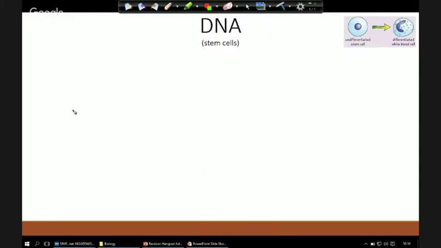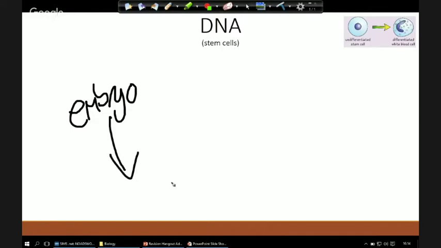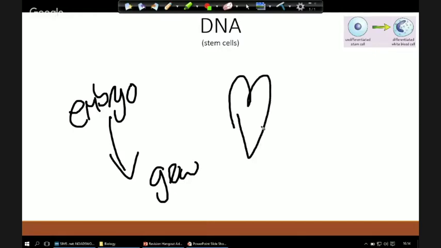So if we take some of these stem cells from our embryo and grow them, we might have someone who's got perhaps a slightly dodgy heart. Some of their muscle cells within their heart are not firing correctly. Well, potentially, stem cells could be used to treat them. They could be grown into specific heart tissues.